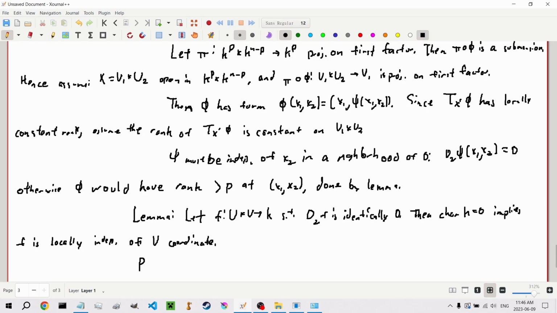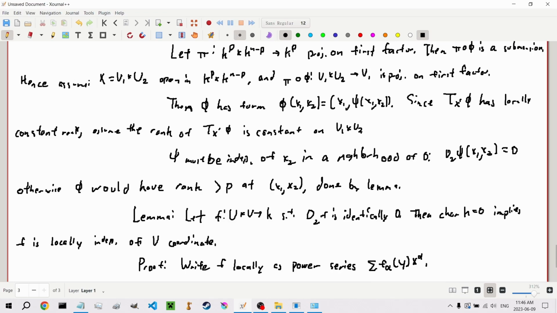Proof. Write f locally as a power series, the sum of some f alpha of y times x to the alpha.